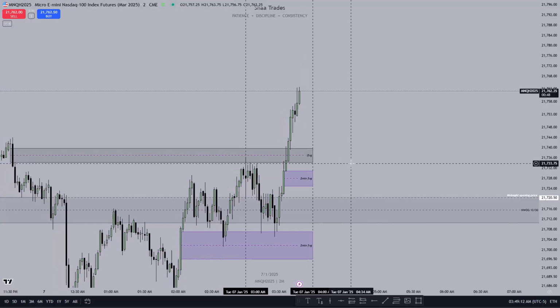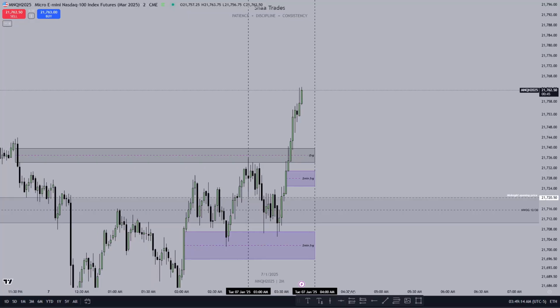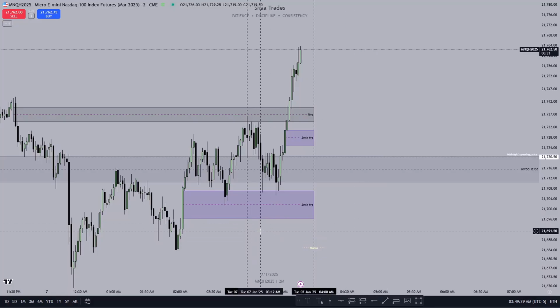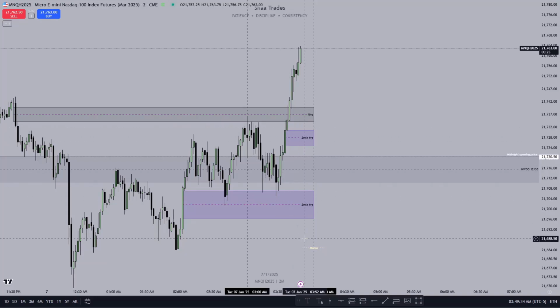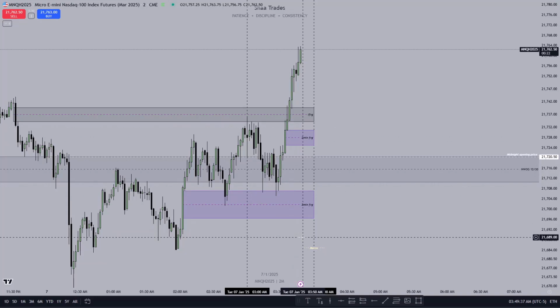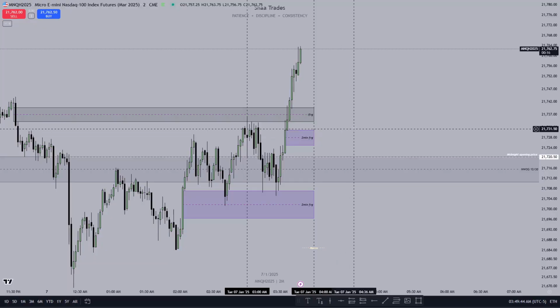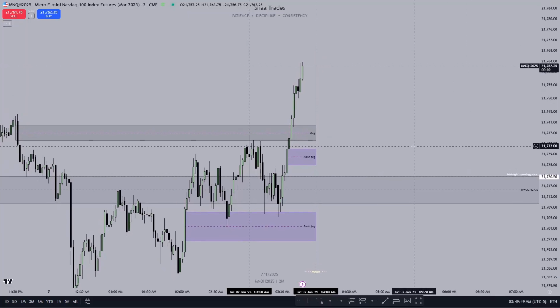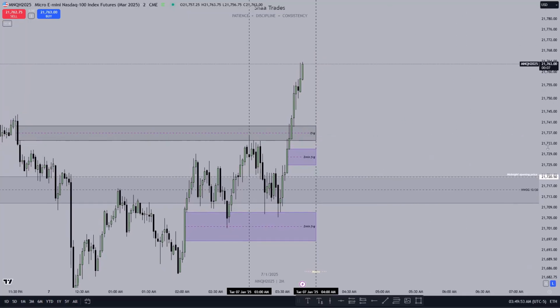Similarly to yesterday, I know I went in with 3 contracts yesterday, but I believe price was above the midnight open. I would say my best setup would be if price was down here and created this inversion, then I would be more inclined to add at least 2 or 3 contracts. But being that price was above the midnight open, I was just reducing my risk a bit and using 1 contract.